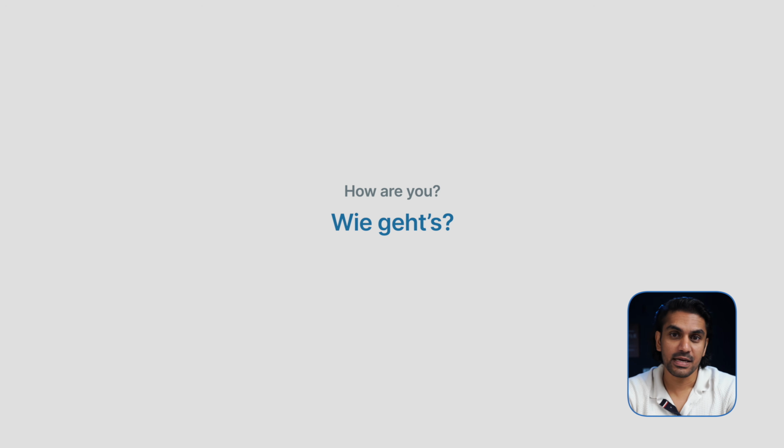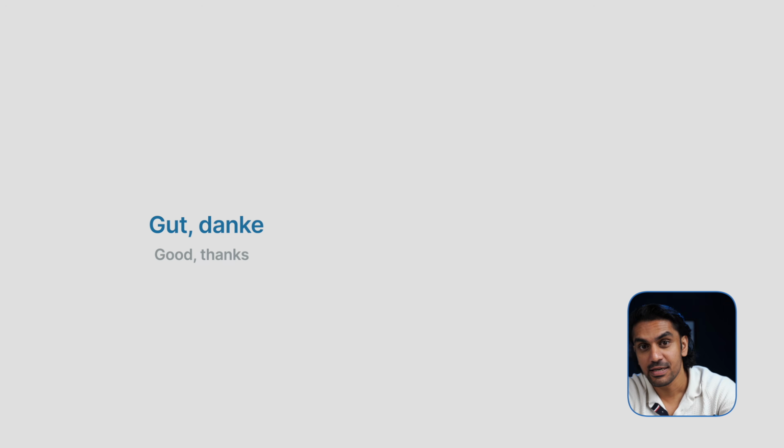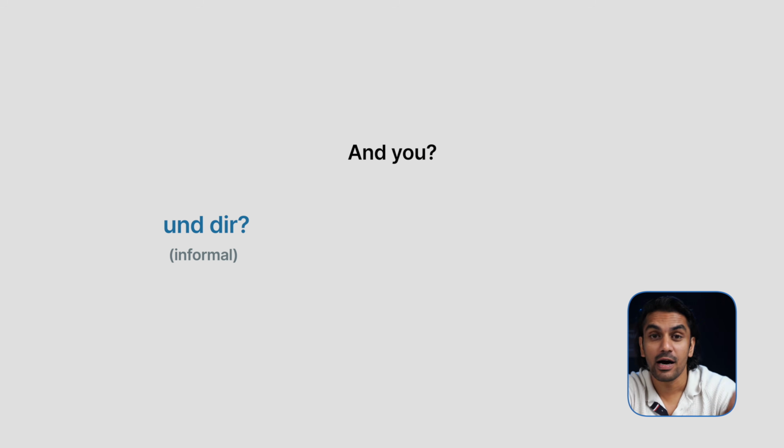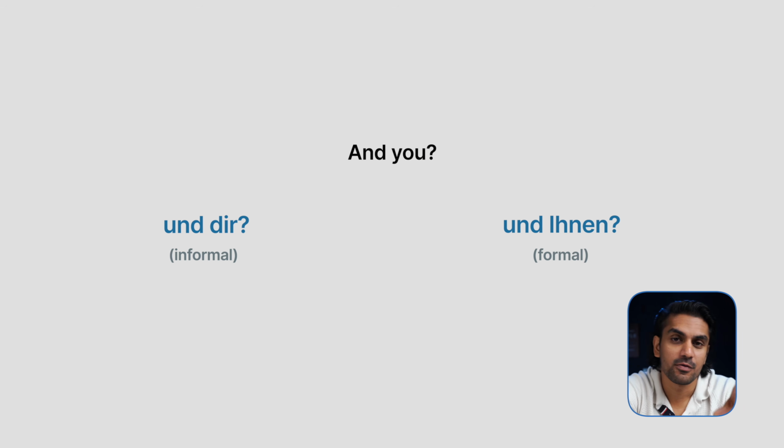It means the same thing, but it just sounds more natural and casual. If someone asks you this, then you could reply with something like gut danke or good thanks, or even better, mir geht's gut danke. I'm doing well, thanks. And then ask back und dir. You can also ask und Ihnen, which is the formal version of it.